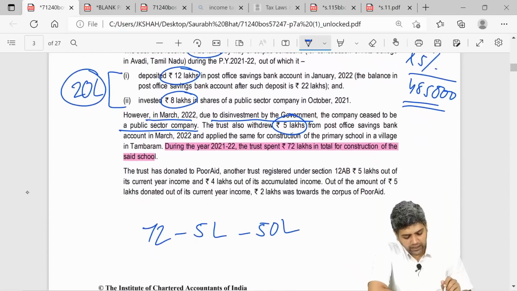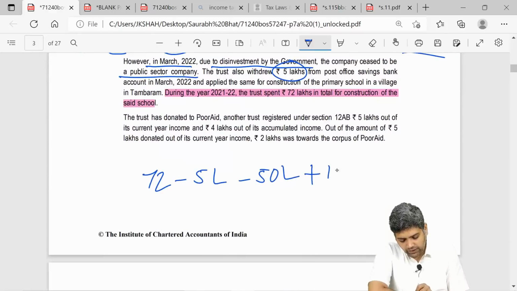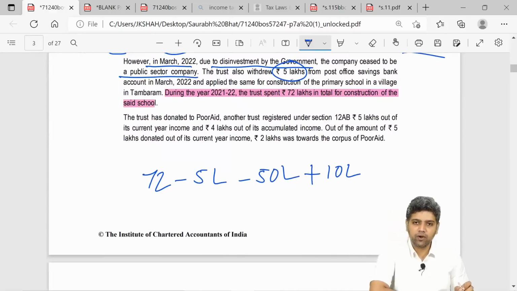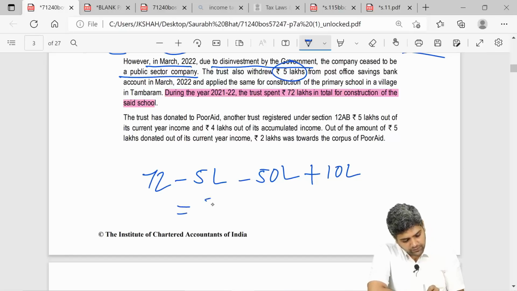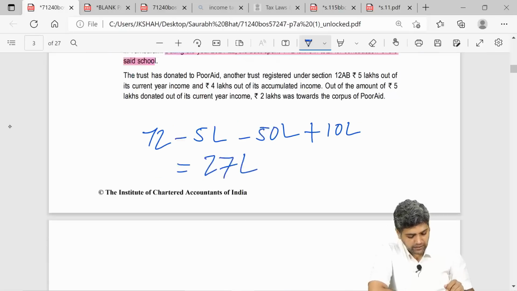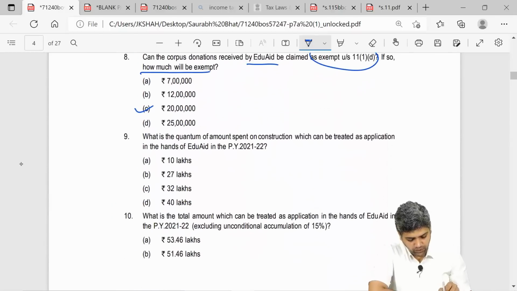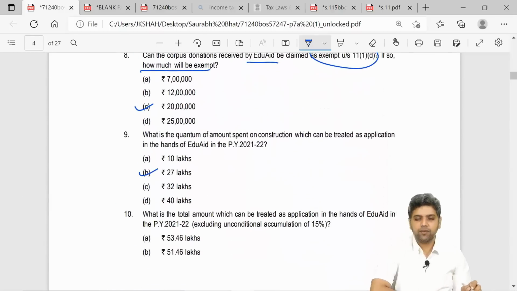As I told you, Karnataka High Court says repayment will be regarded as your application of income. So the net application on construction of school would be 72 lakhs minus 5 lakhs minus 50 lakhs plus 10 lakhs. So that comes to 27 lakhs. So the answer to MCQ number 9 is 27 lakhs. That is the amount spent on construction of school that can be treated as application.